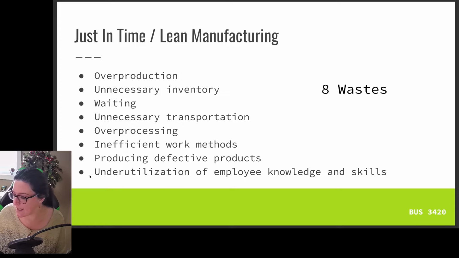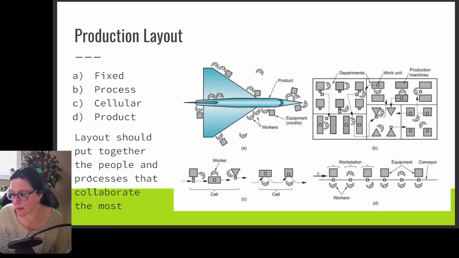If we looked instead at a flow that is more of a product layout, like you're seeing here in D, where you can think of it more as an assembly line, if we have a part of the process that is slowing everything else down, so some kind of bottleneck in the system, that's also going to cause there to be waiting, right?